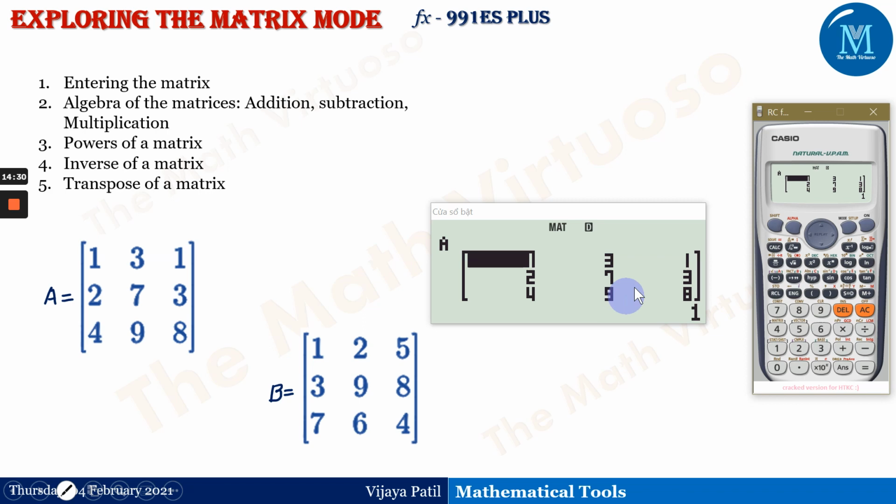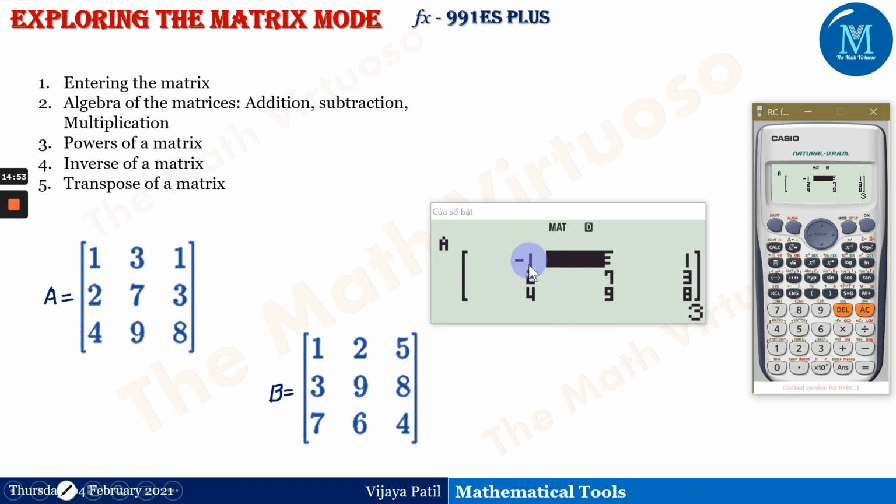This is the matrix I have fed here, but this particular mode gives me the chance to update my values. Suppose, for example, instead of this 1, I wanted to write minus 1. I can update my values here.